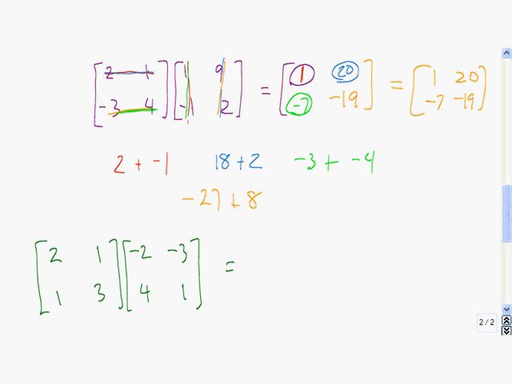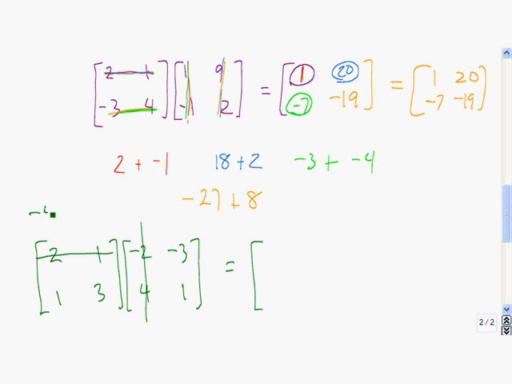Press pause while you work on this problem. To get the first entry, we're using the first row and the first column. So we have 2 times negative 2, which is negative 4, plus 1 times 4, which is 4.